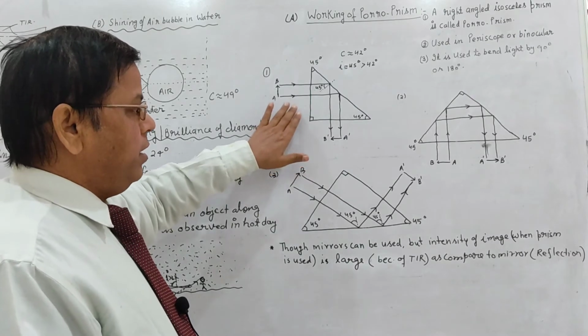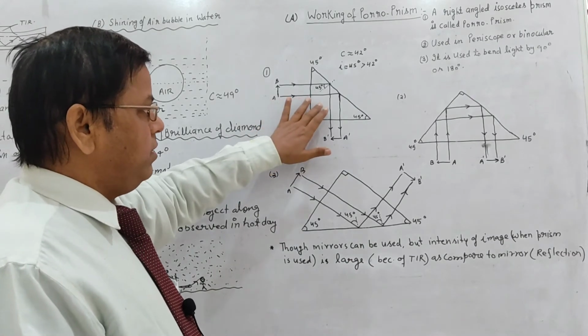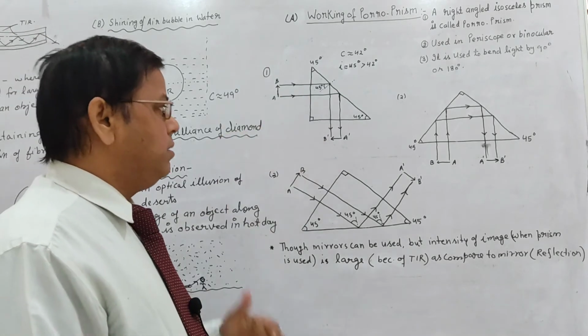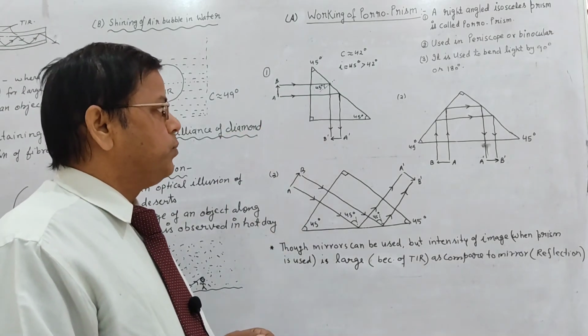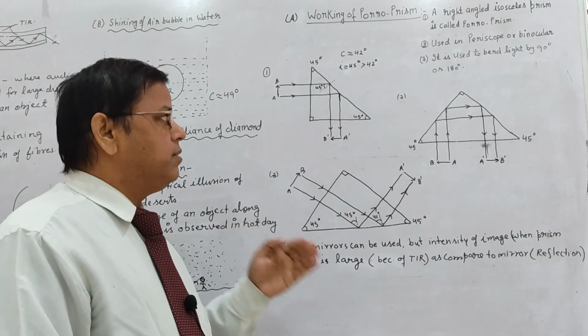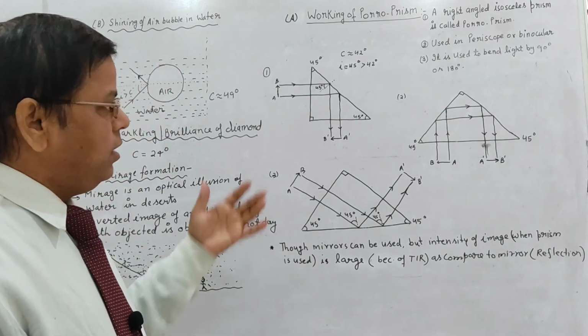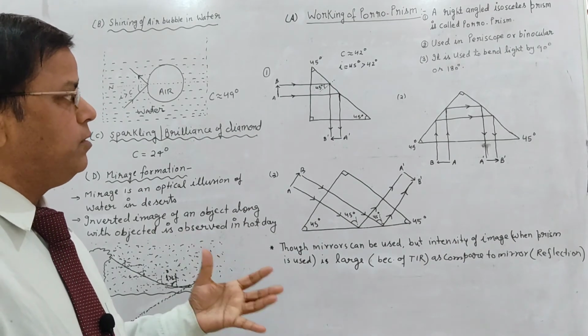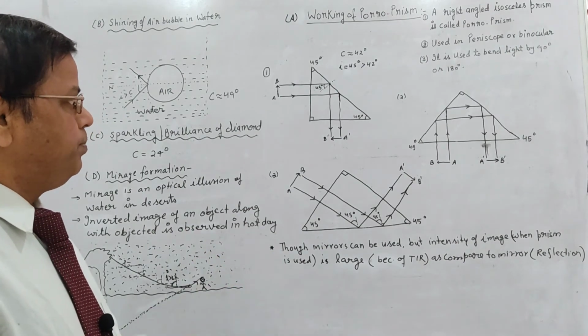In the case of an air-glass interface, the critical angle is approximately 42 degrees. So if the angle of incidence is greater than 42 degrees, then light is internally reflected, and the phenomenon is called total internal reflection.